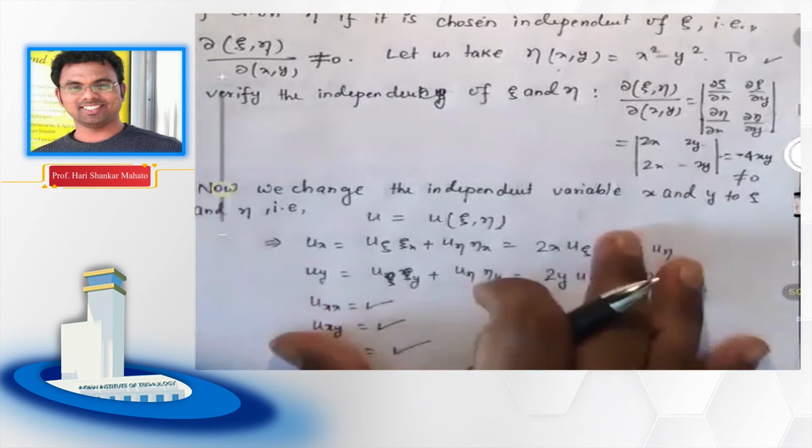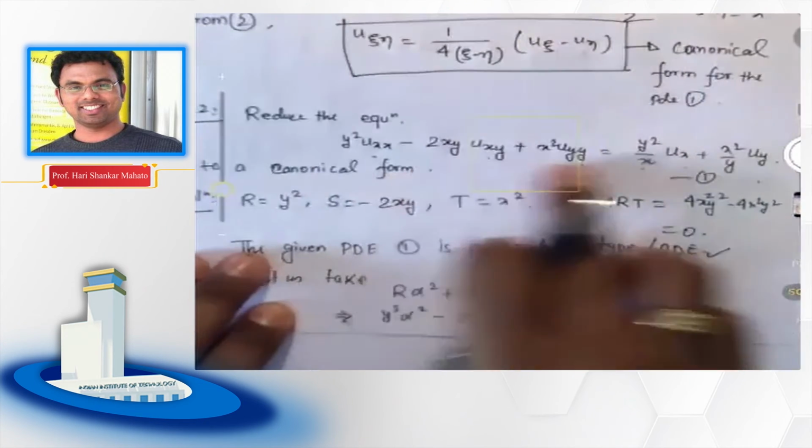The minute you have all these values, come back to this equation and put all the values here.